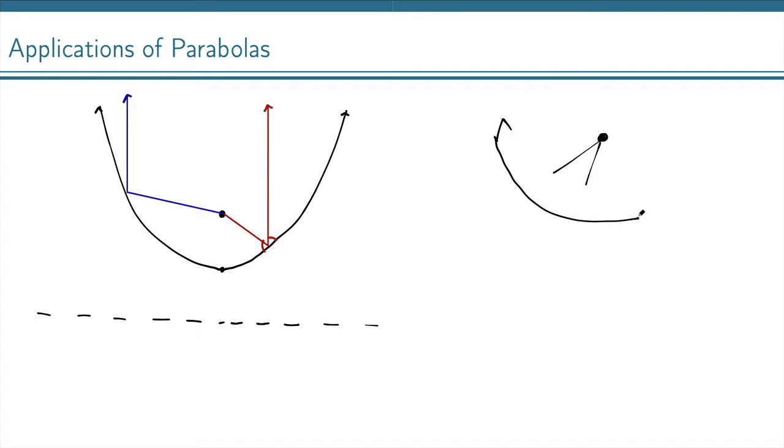The reason is that the receiver is placed at the focus. I'm sorry, I'm really bad at drawing. Pretend this is my satellite. That receiver for the satellite is at the focus of the parabola. So when signals come straight down, they bounce into the focus, and then you collect the information. That is a very powerful application for parabolas.